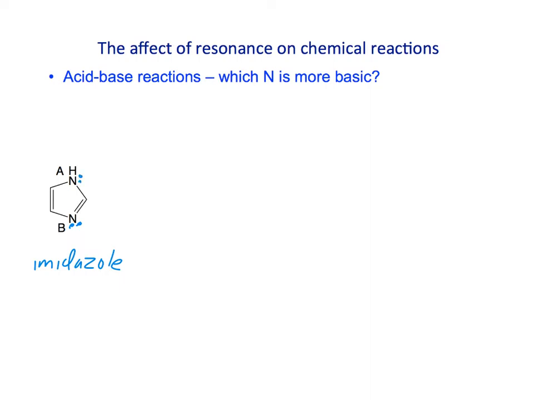Each nitrogen has a non-bonding pair of electrons on it. So either of these nitrogens could act as a base. It has a pair of electrons it can donate to react with a proton. So the question is, which of those 2 nitrogens, nitrogen A or nitrogen B, is more basic?